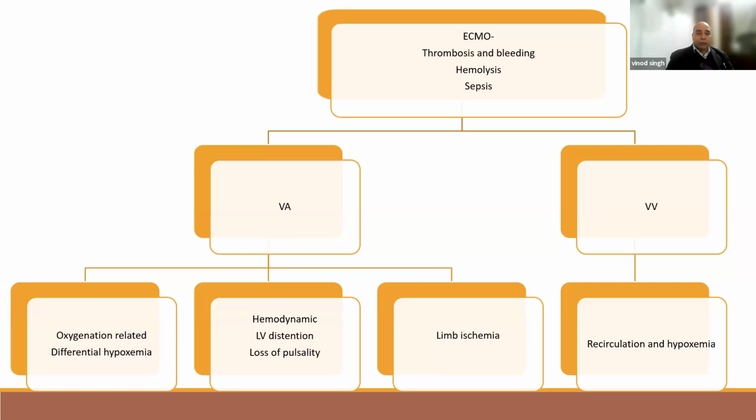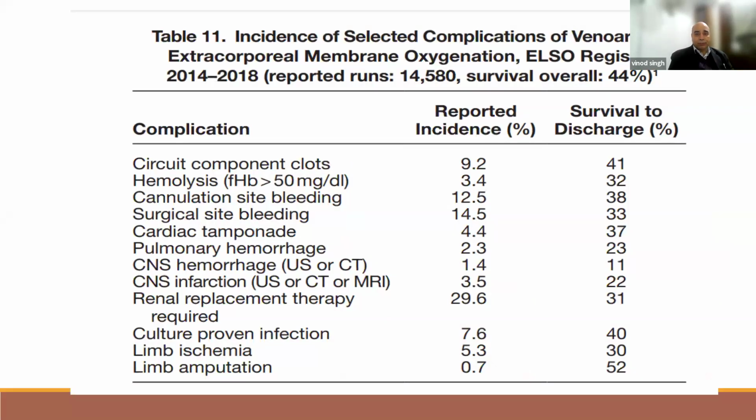So we'll look at the incidence according to the ELSO registry: circuit component clots and hemolysis, cannulation site bleeding, cardiac tamponade, pulmonary hemorrhage, CNS hemorrhages, CNS infarctions, culture-proven infections, renal replacement therapy required, limb ischemia, limb amputation.